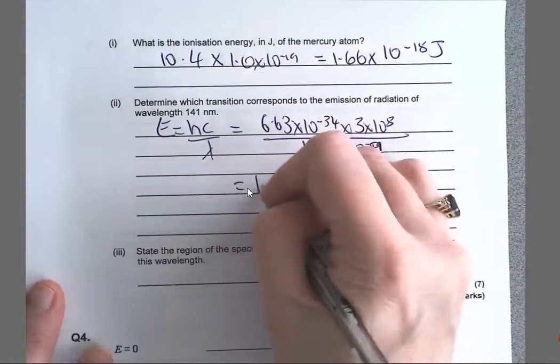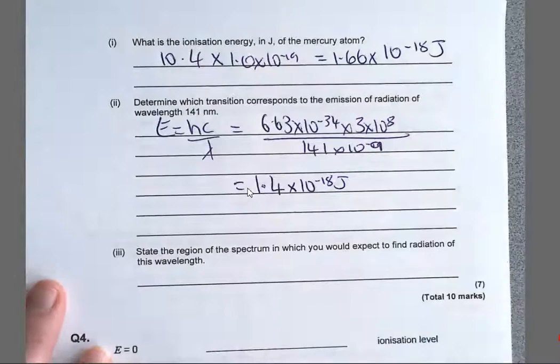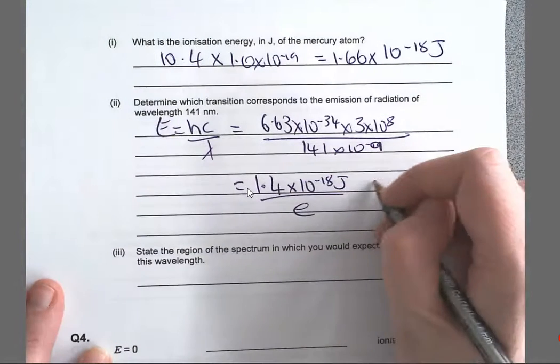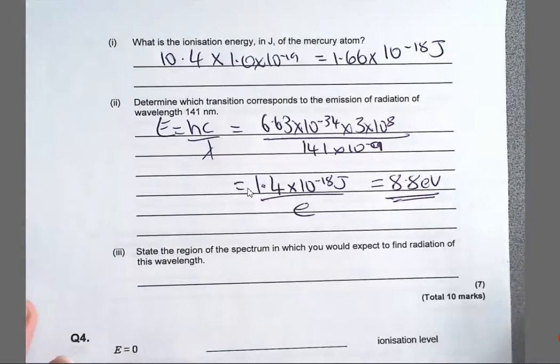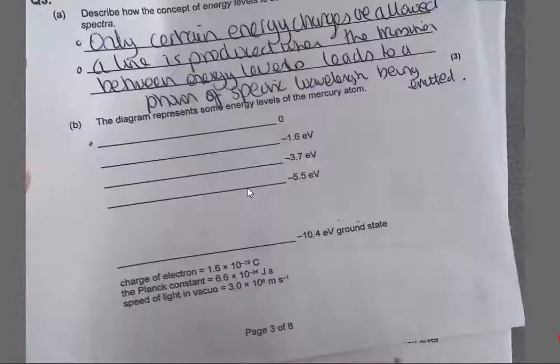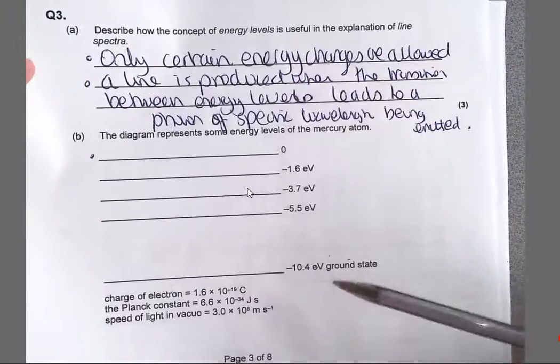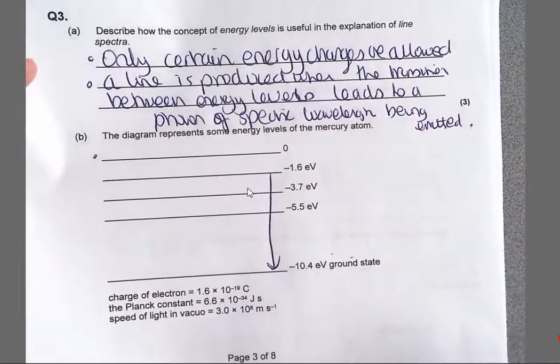This gives me an energy in joules of 1.4 times 10 to the minus 18 joules. I need that in electron volts, so I divide by e, which gives me 8.8 electron volts. And I then go back to this diagram and figure out which one is 8.8 electron volts. And it's this one. Okay? So 1.6 to 10.4.